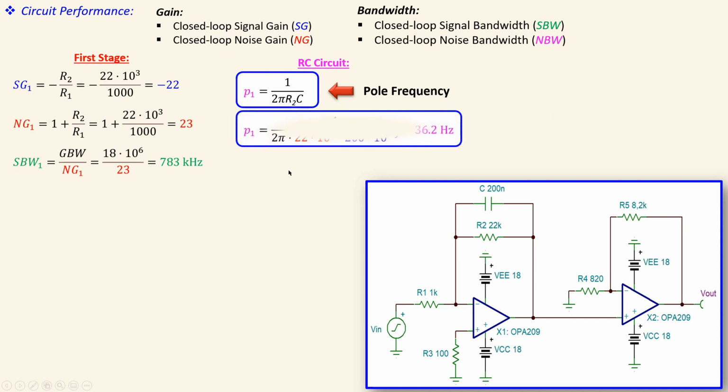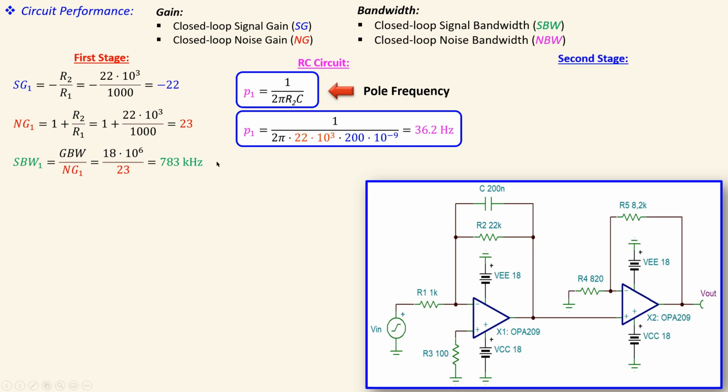Now given the values here, 200 nanofarads and 22 kilo ohms, I just substitute the values for R2 and C. I get 36.2 hertz, which is very small compared to that one. That will be discussed in the next discussion.